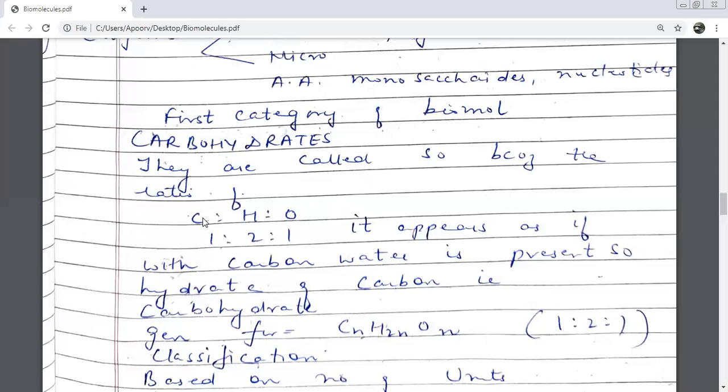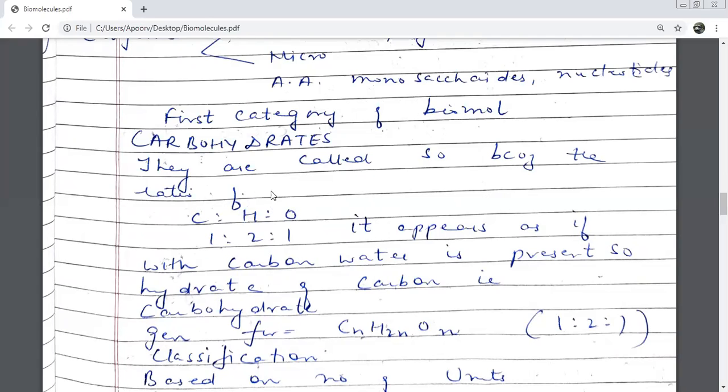They are called so because if you see the ratio of H and O over here, how many H are there? 2. And how many oxygens? 1. That means H2O. Am I right? Yes, ma'am. So this water is attached to carbon.